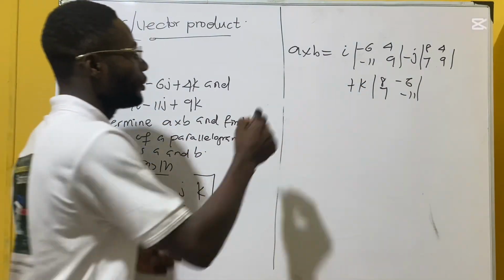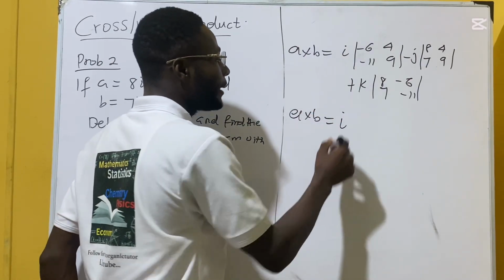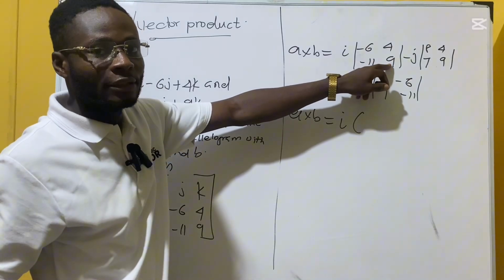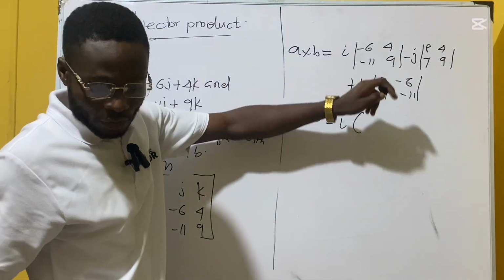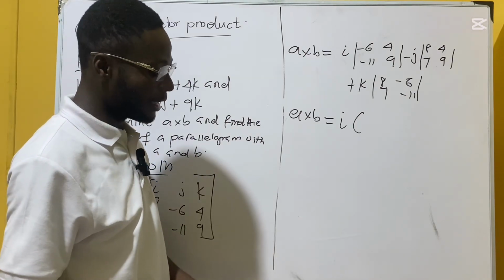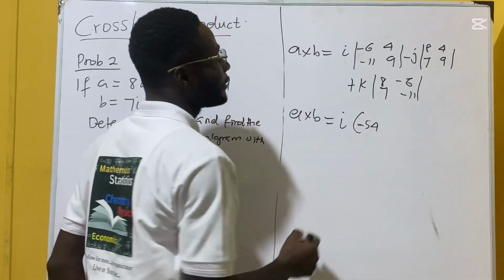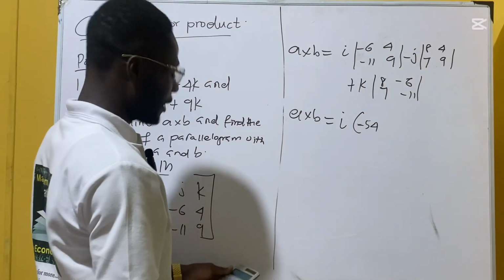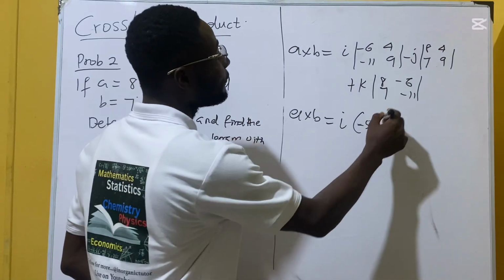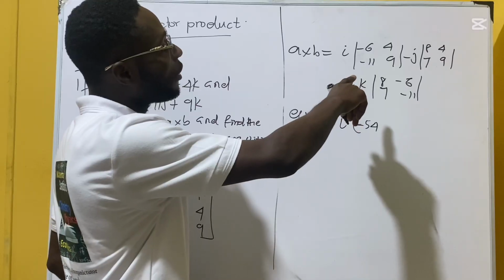Okay, so we're going to have A cross B to be equal to I into -6 times 9. So you have to multiply that, 6 times 9, and that is 54. So we have -54, right? Then 4 times 11, okay, that is 44, but it's negative, so we have -44, okay?